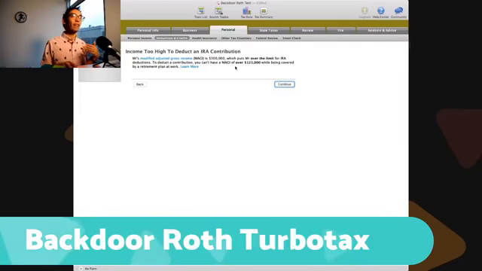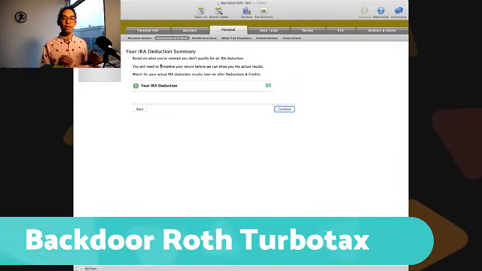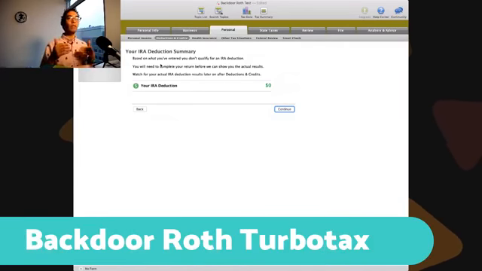You can't have a modified AGI over $121,000 if you are covered by a retirement plan at work. So it's just letting you know that. Now the same thing for Mrs. They have a joint modified AGI of 300K, which is over 121K. So this says, based on the information entered, you do not qualify for an IRA deduction, which we knew about. This would make our contribution a non-deductible IRA contribution. So your IRA deduction is zero.